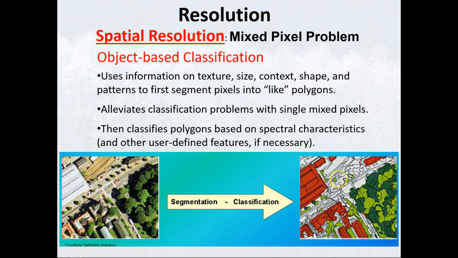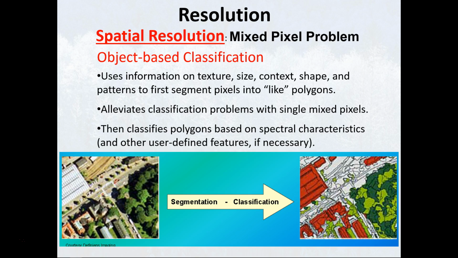Now these polygons are basically pixels that are grouped based on an array of user-defined features. Things like spectral characteristics, texture, color, shape, and more can all be used to segment into these larger polygons. Now where object-based image analysis, or OBIA as it's commonly referred to, is particularly useful is in overcoming the misclassification errors we explored earlier with high-resolution imagery.